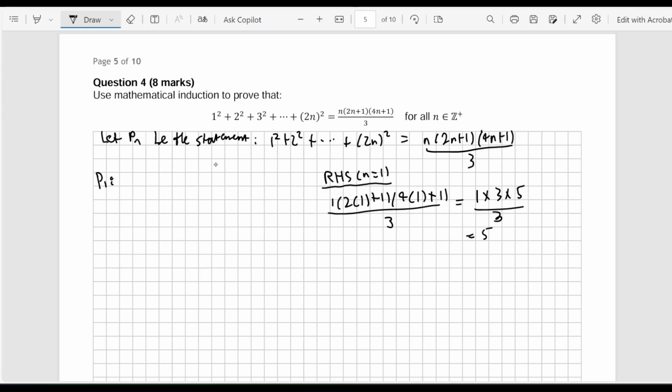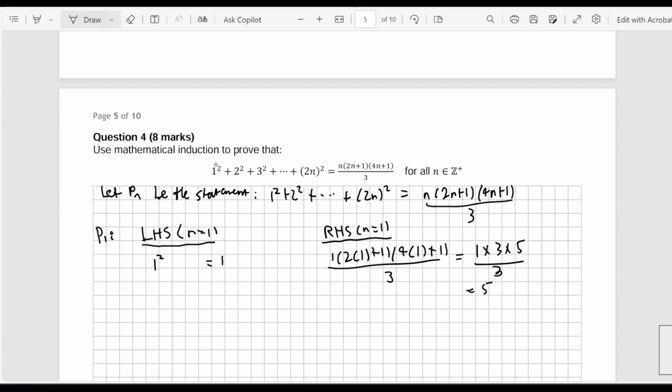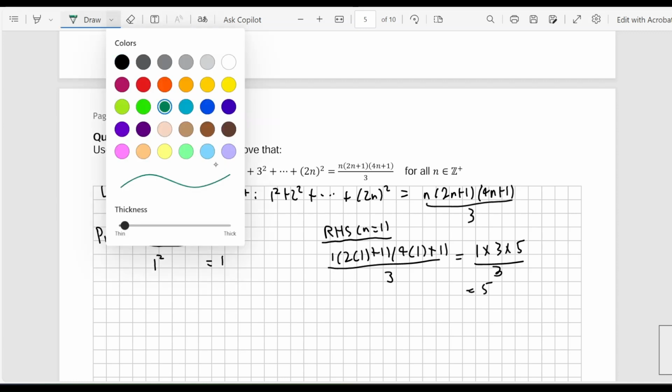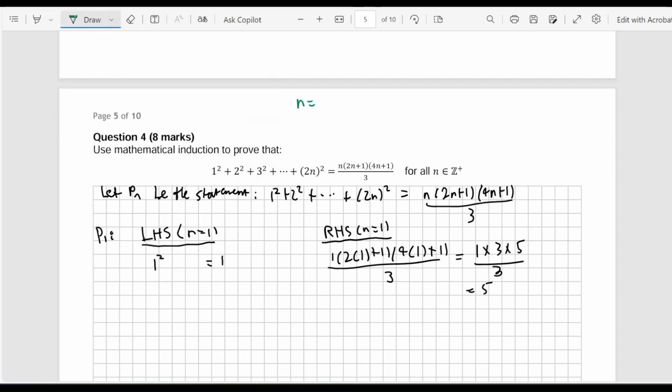Now, on the left-hand side, I will do the common mistake, and I want you to see if you can spot what it is. The left-hand side, so we're looking at P(1), is 1 squared, which is 1, and they don't match. Now, let's look at some examples of n values, and then you'll hopefully see what went wrong here.